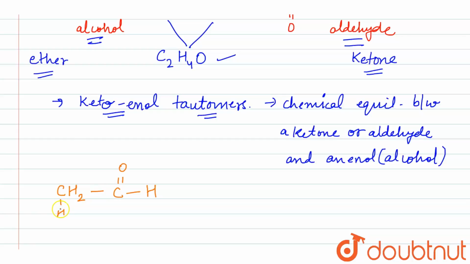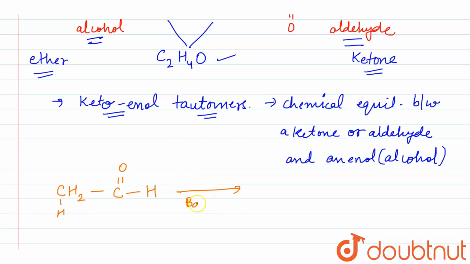So the hydrogen at the alpha position on the alpha carbon can be tautomerized. So this proton shifts, and this tautomerization can be done in both acidic or basic medium.